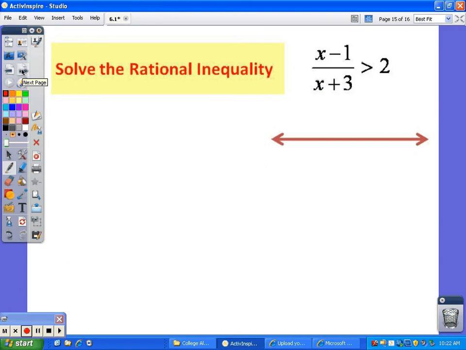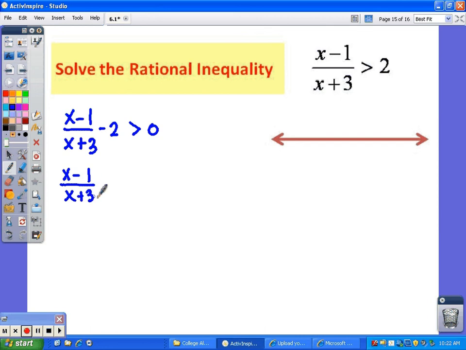All right, now let's look at this last one. If you'll notice, they did not set it to 0 for us, so we're going to have to do that. So if I take it and move that 2 over by subtracting, to add and subtract fractions, we have to have a common denominator. Common denominator would be the x plus 3. So that 2 is understood to have a denominator of a 1.